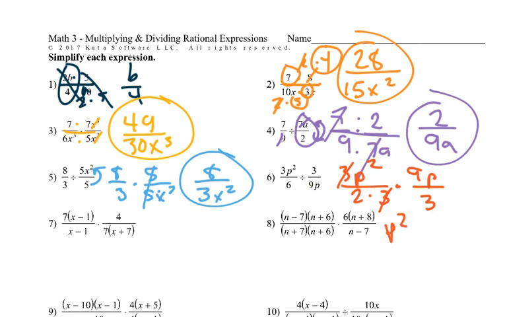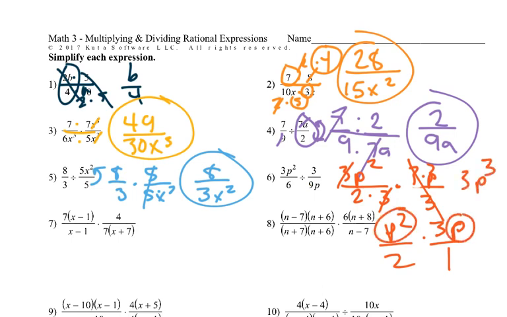And we're left with p squared over 2. And 9, that's like 3 times 3, so that would get rid of another 3, and we just have 3p. So I'd get 3p cubed, because p squared times p is p cubed, over 2.